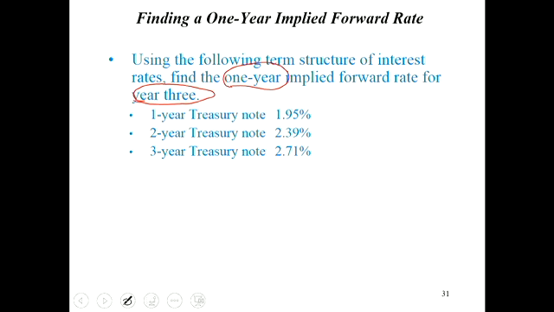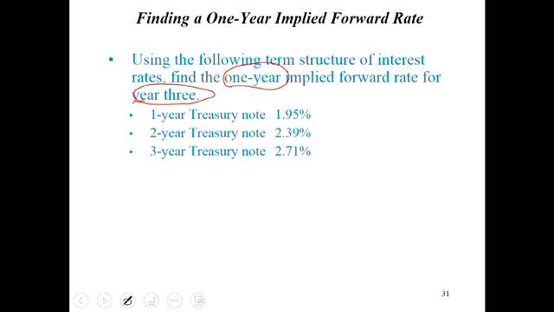So, by drawing up that diagram, you can pretty much see what calculation you have to do. And even though in this case you have more data than you need, when you look there, you do actually have what you need. And you simply go and plug it into the formula, and you can come out with an estimate. What we're essentially doing is saying the market consensus is that in 2 years' time, the 1-year rate will be 3.35%.